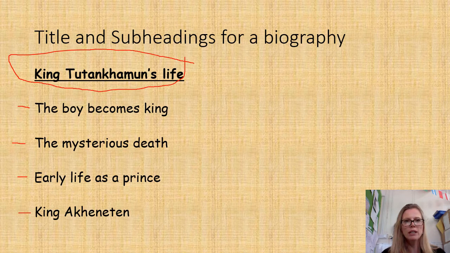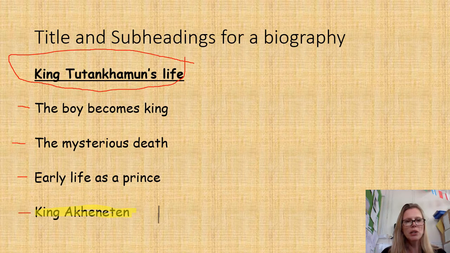Right, so when we're writing most information, we put it into chronological order. So the first subheading we're going to use would actually be King Akhenaten, because he was King Tutankhamun's father, so he was king first. So that would be number 1.